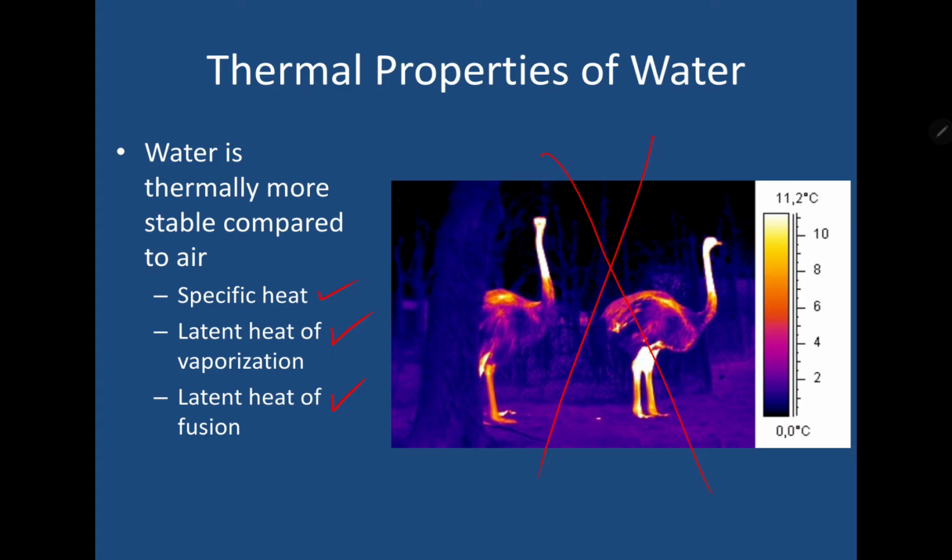Specific heat refers to the capacity of a substance to absorb energy without changing its temperature. Water has a higher specific heat compared to air, which is why it's harder for water temperatures to fluctuate compared to air.